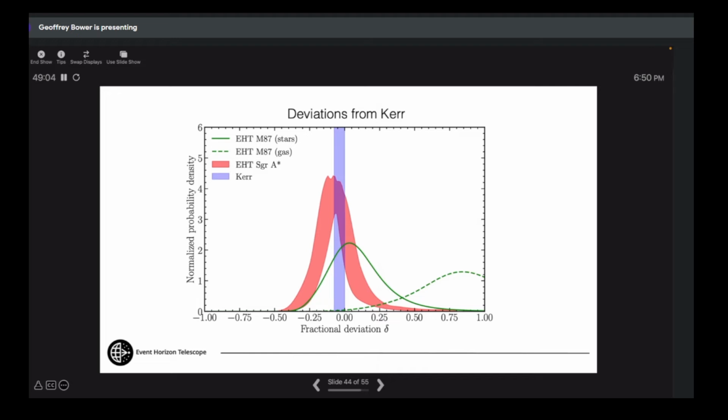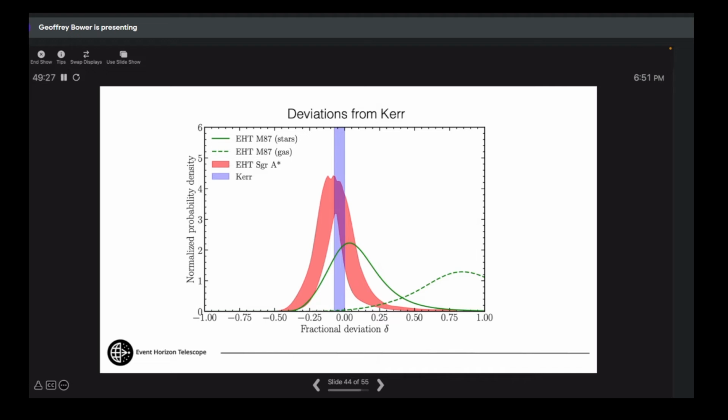For M87, we had two different a priori measurements from gas and stellar dynamics. If you believe the gas dynamic measurement, then something is really wrong with the Kerr metric. If you believe the stellar dynamic measurement, then we have very good consistency with Kerr.